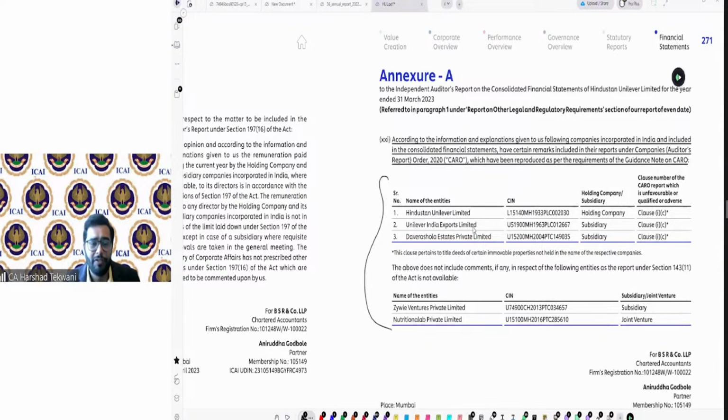If the auditor of the standalone financial statement has already qualified some items in the CARO, those items are required to be reported by the auditor of the consolidated financial statement in clause 21 in this manner. So you have the name of the company, what is the holding or subsidiary, and where there is an unfavorable or qualified remark.